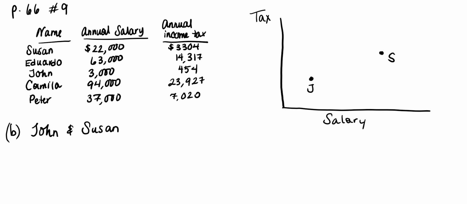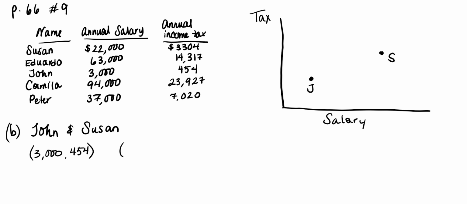So John makes a salary of $3,000 per year and pays $454 in income tax. Susan makes $22,000 a year and pays $3,304 in her income tax.